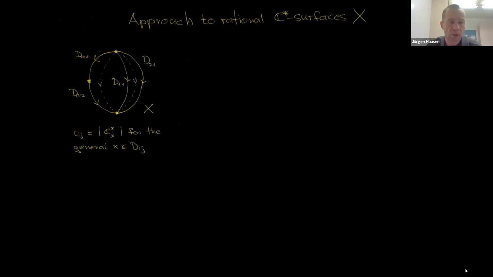And what I now need are the orders lij of the isotropy group of the general point x in Dij. So assume that in the example we have the following: on the left-hand side arm, on the zeroth arm, we have isotropy group orders 3 in the first curve and 1 in the second. Then in the middle, say we have isotropy group of order 3, and on the right-hand side we have isotropy group of order 2.